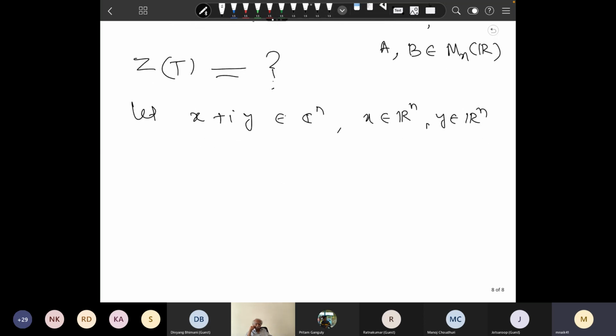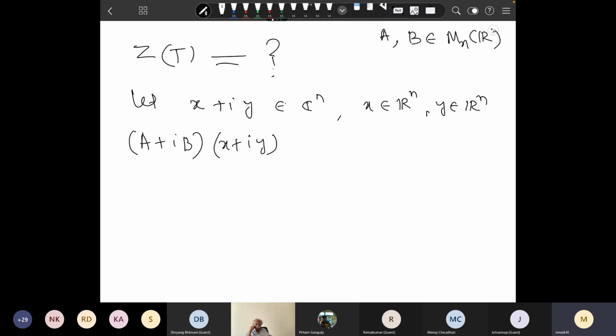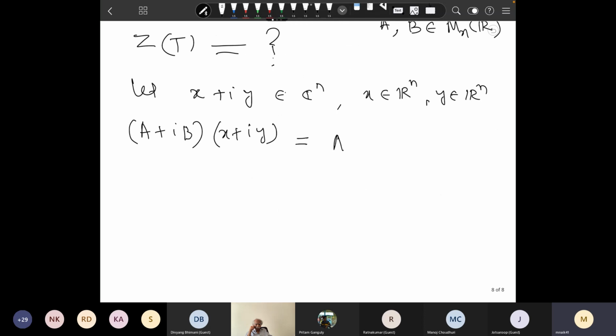If A plus iB acts on x plus iy, you will get Ax minus By plus i(Bx plus Ay).